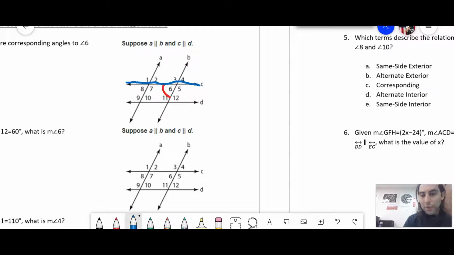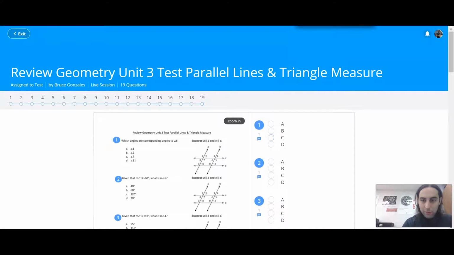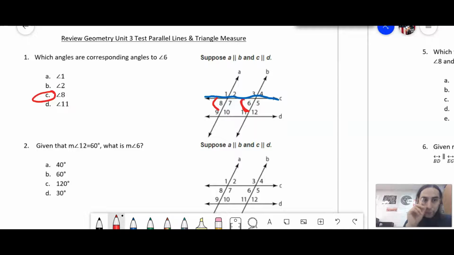A transversal cuts through two parallel lines, right? So if 6 is on the bottom left, what's on the bottom left? 8, right? Now those are corresponding. And so let's take a look at our answer choices. Letter C. So for 1, I'm going to put C.